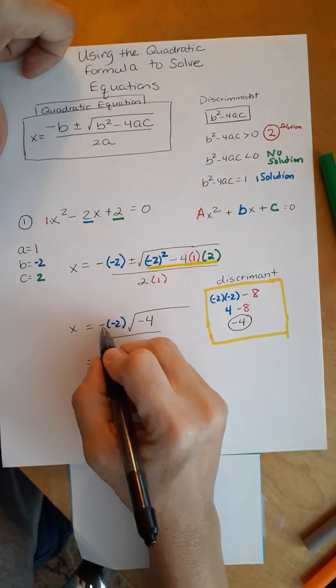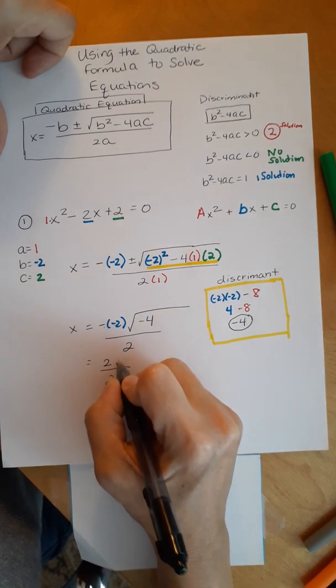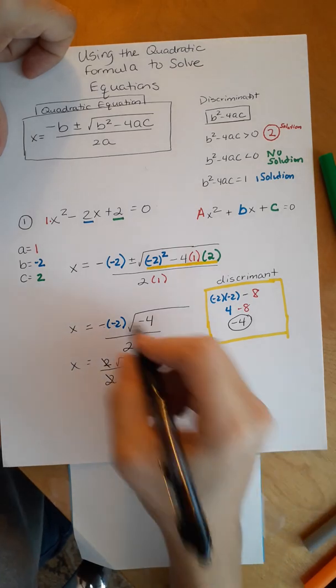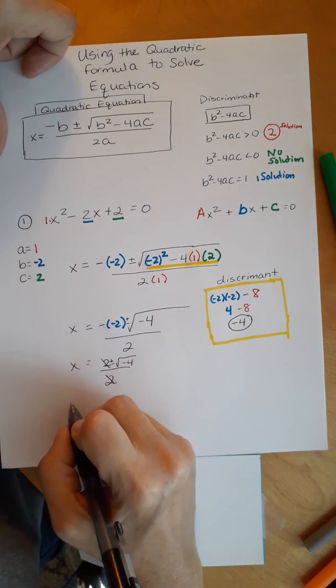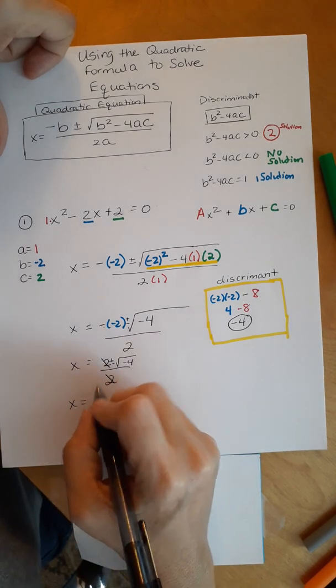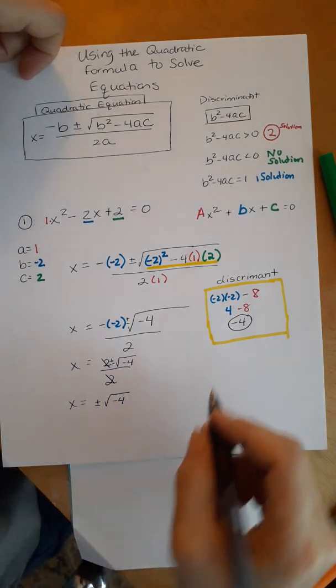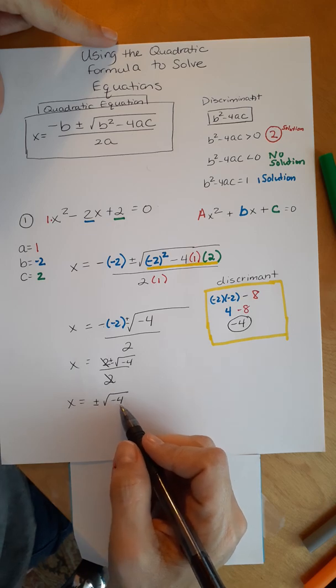So -2 would be 2 square root of -4, x equals. These cancel out. And by the way, this is plus or minus. So we got x is equal to plus or minus the square root of -4. Now, if you use your calculator and you try to take the square root of a negative number, it's going to show you error.